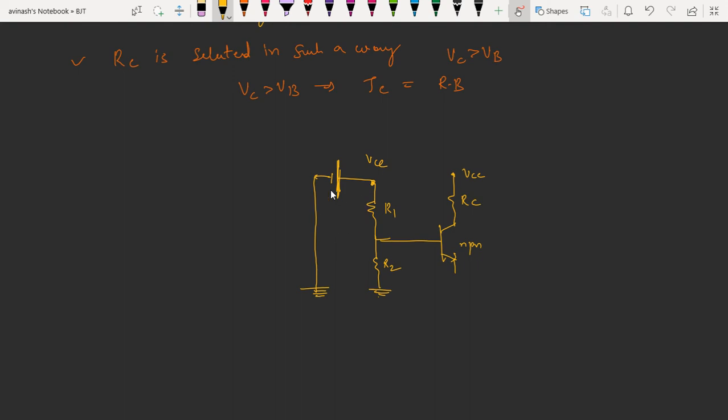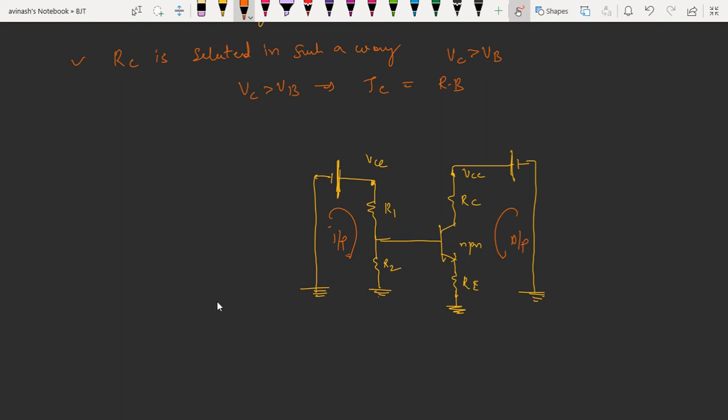This forms the input loop. Now we also have the emitter resistance. This will be the another loop. If this is the positive, this will be negative. So this will be the input loop, this will be the input, and this will be the output.